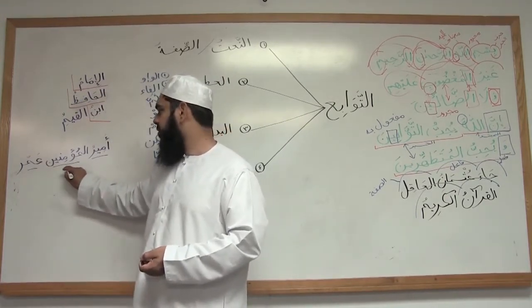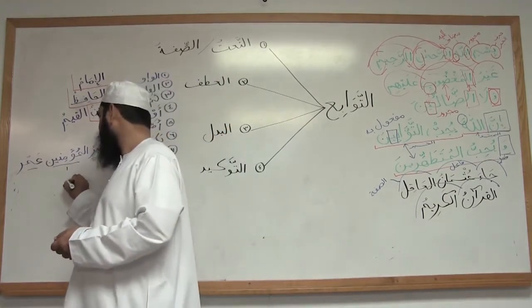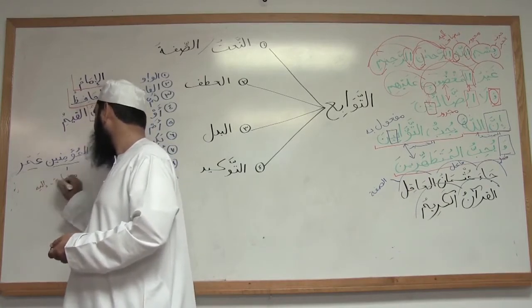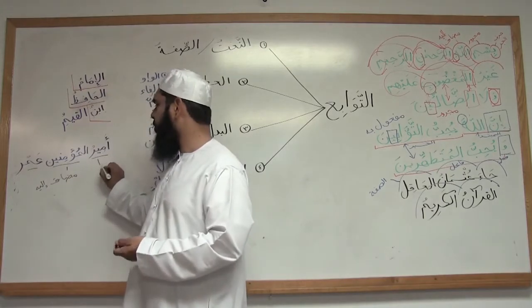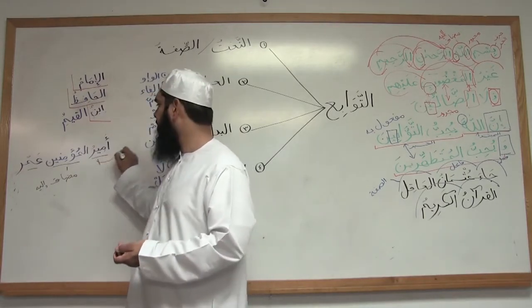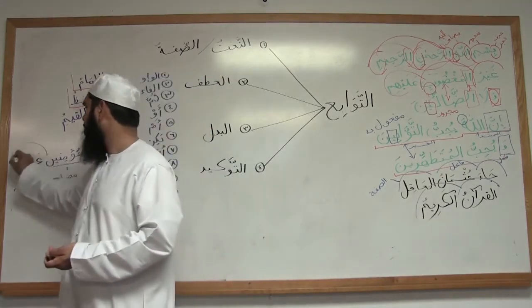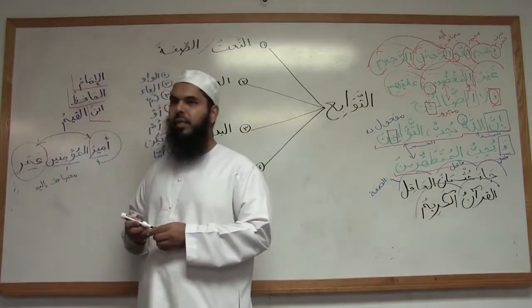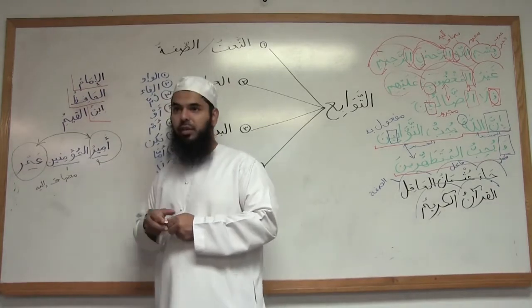Now, I'll just make it easy for you, Mudaf ilayh, right? This is your Mudaf. Amir, the leader. Umar and Amir are the same thing, because Umar is Amir al-Mu'mineen.